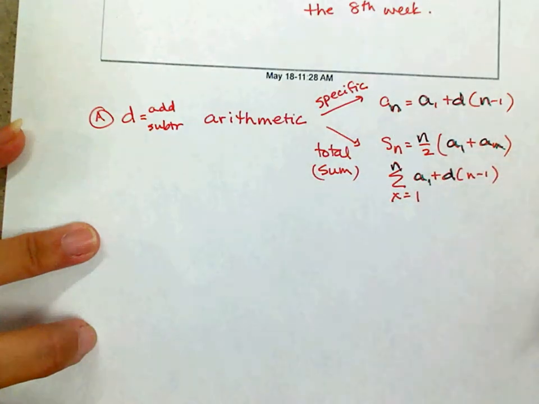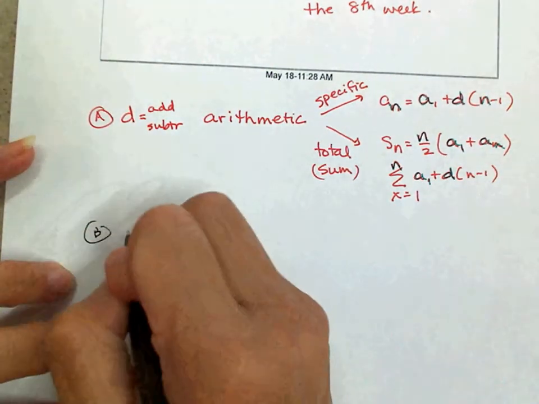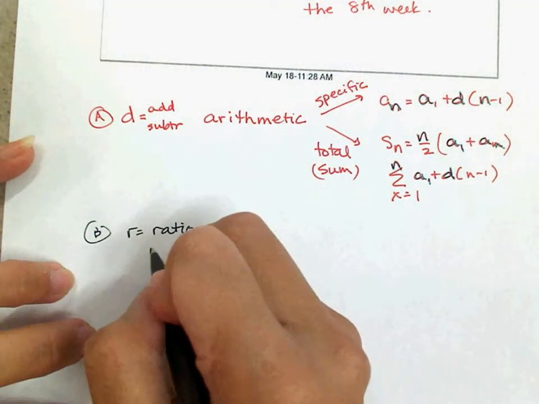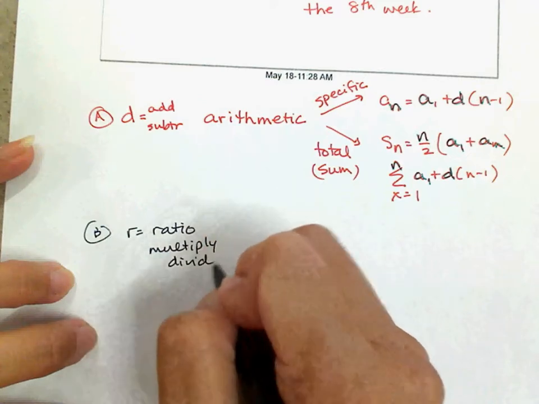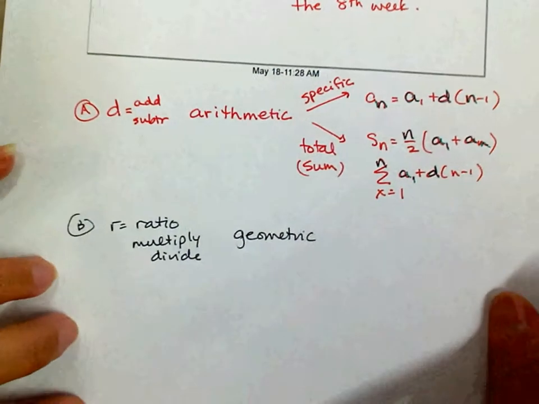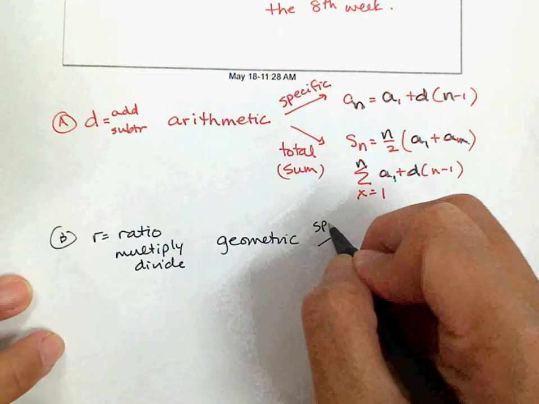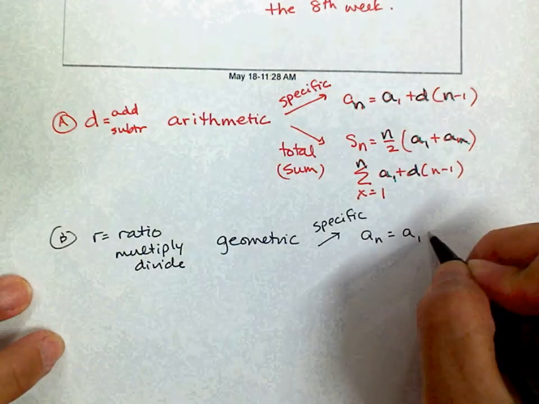Number 2, part B. If you have an R, you have what's called a ratio. So either you are multiplying by the number or you are dividing. You are going to use geometric, okay? And if you use geometric, if you're looking for something specific, you're going to use your formula: a1 times R to the n minus 1.